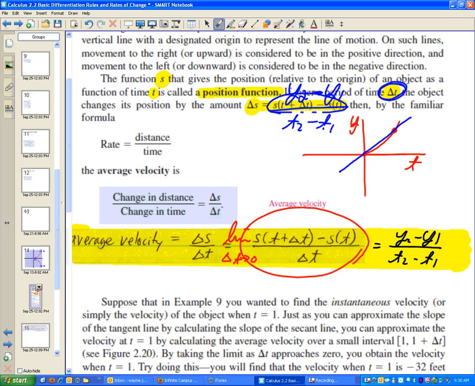Okay? So in other words, the derivative gives me the instantaneous velocity. You with me? Yes. So we would be coming up with a formula to find the instantaneous velocity at any given time.